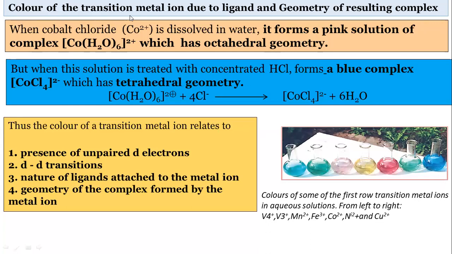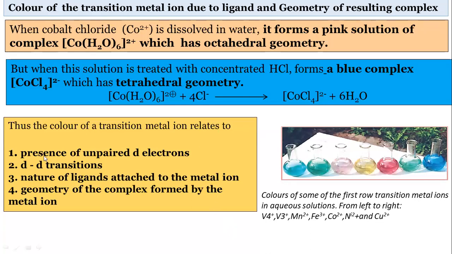I will complete this part and I will stop. In the next lecture, we will continue with alloy formation, then interstitial compounds, which is an interesting part. Then we will continue to the lanthanides and actinides and their properties. So one more factor is there.